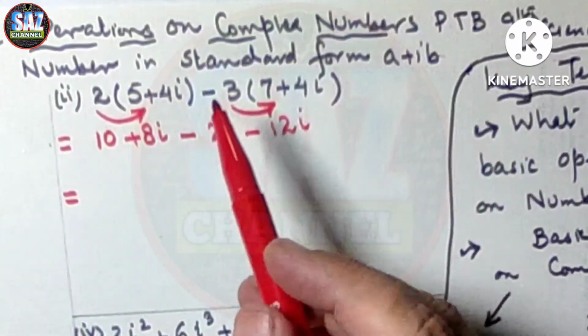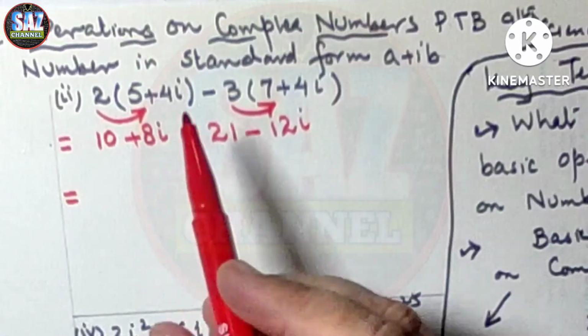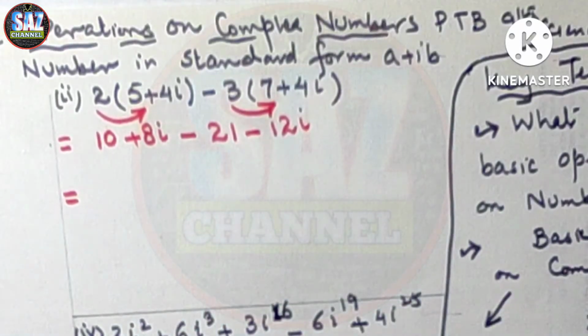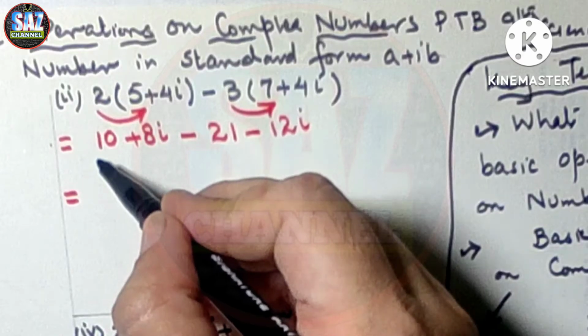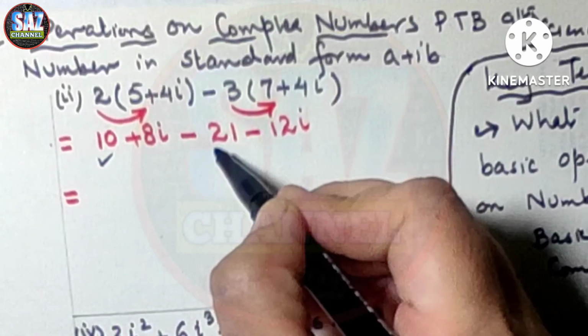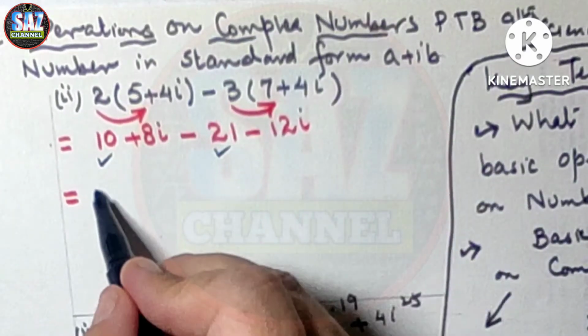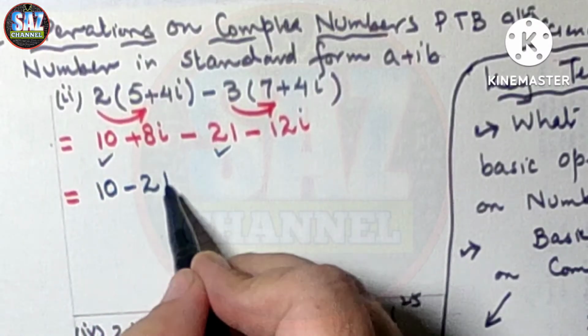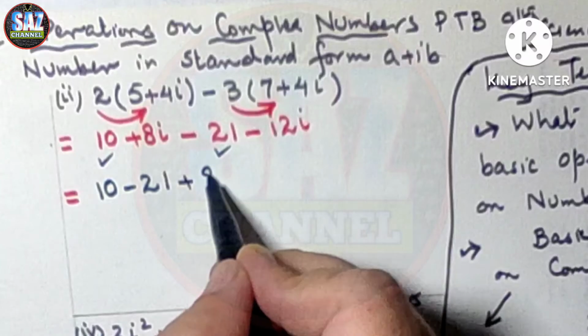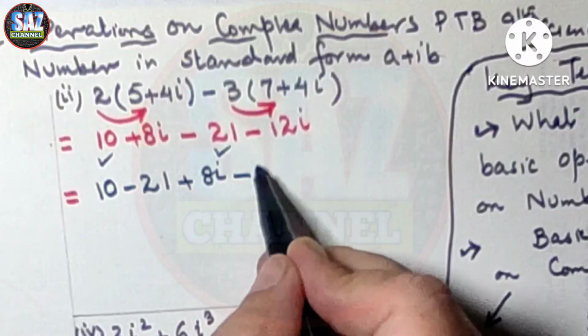We have applied the distributive property, and after that, as we need to express the given situation in the form of a standard complex number, the real part will have to be written and solved with the real part. 10 minus 21 plus 8 iota minus 12 iota.